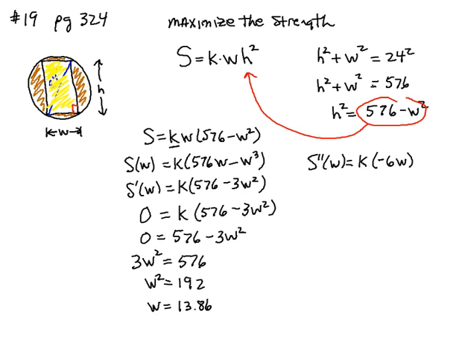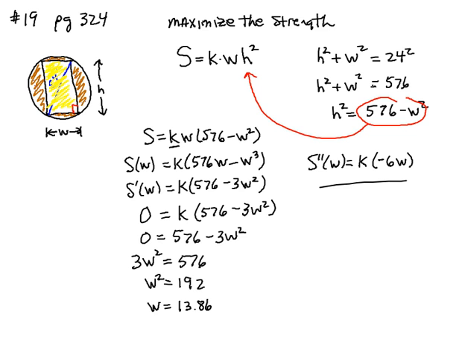And if I put in 13.86 there, I'm going to get a negative. So that shows me that I have found a maximum value at 13.86.